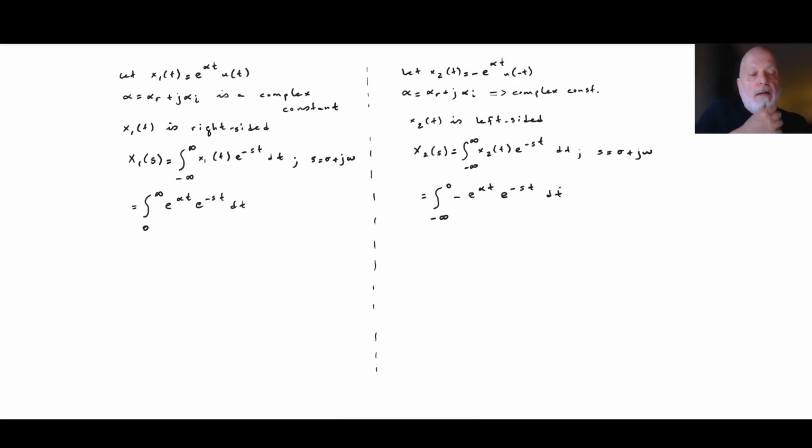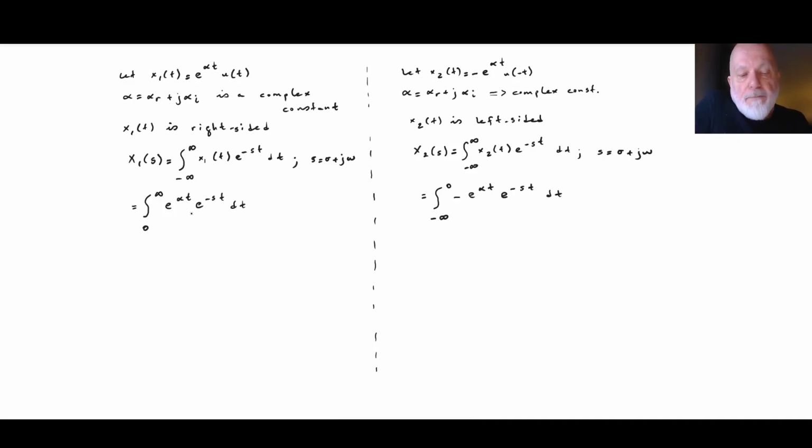Now, we have these integral expressions, but we ask the following question: under which condition can we claim that these integrals exist? For example, let us look at the first integral.